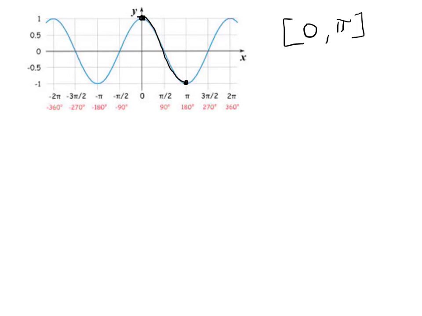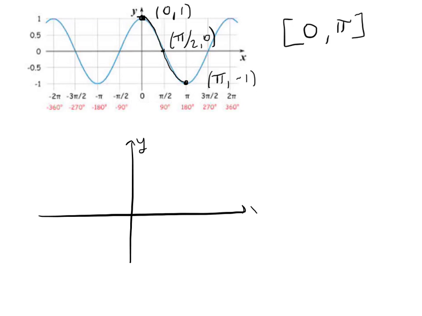Okay, so let's do the same thing with the points. We've got the point 0, 1. Down here we've got pi, negative 1. And then in the middle, that's pi over 2, 0. So to draw our inverse, we'll switch the x's and the y's. So instead of the point 0, 1, we're going to plot the point 1, 0.